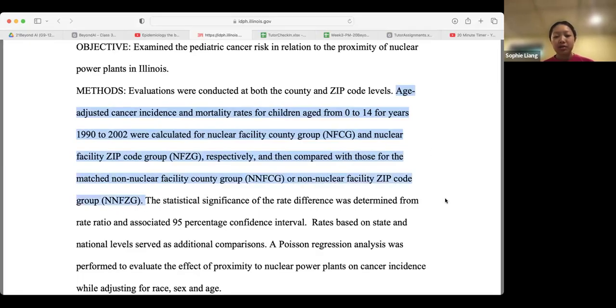So it looks like they just looked at the data from one point in time. It does not look like they waited a long time.